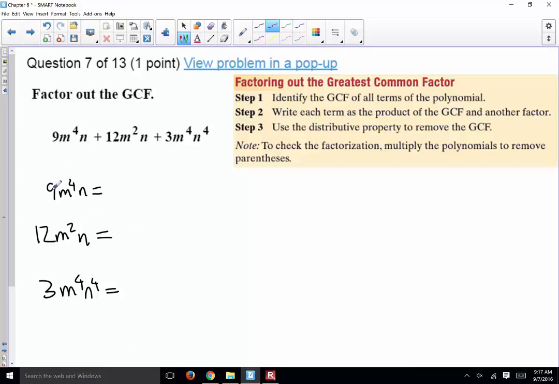So how can I break 9? 3, 3. And then M, how many M's we have? 4 M's. You don't have to break, but I still want to show details. And a single N. It's not breakable. 12. How do we break 12? 3, 4.